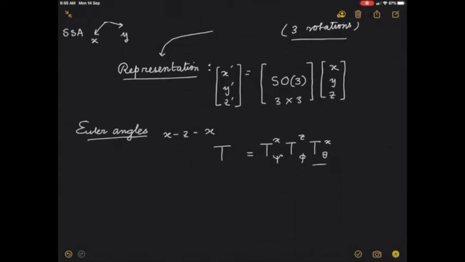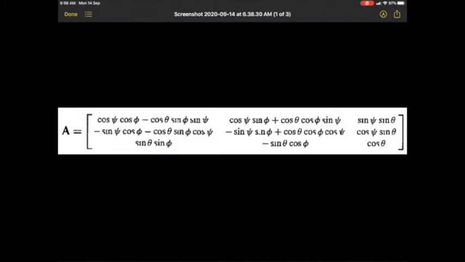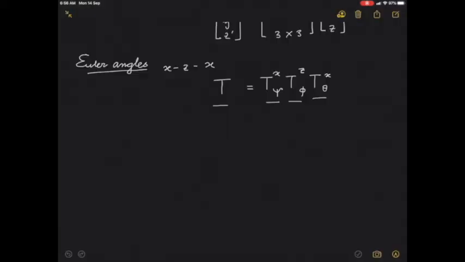And we had written down the individual ones, which are very simple because one of the axes has to remain fixed and it's just a 2D rotation about that axis. And I asked you to calculate this at the end of the last class. It looks like this matrix. It is called A in Goldstein. I have just copied this matrix from Goldstein, but essentially this is the matrix that we are talking about. So this is what we have done.